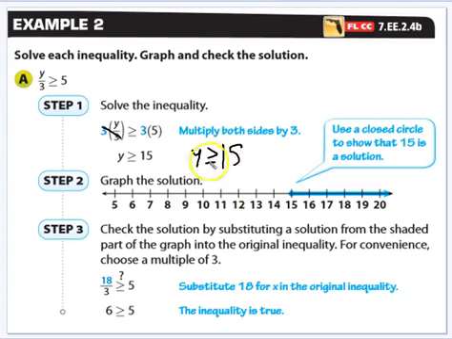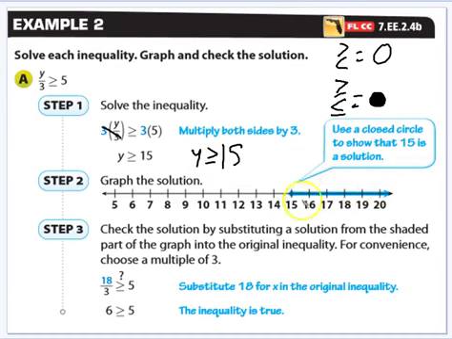So it's greater than or equal to, so you guys should really do it every single time, or just write it once on your paper. I'm switching pages, so I'm just going to rewrite it. So closed circle on 15 because that's my point, and then the variable is greater, so I'm going to the right.